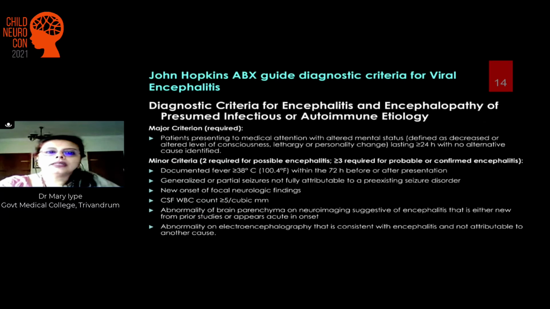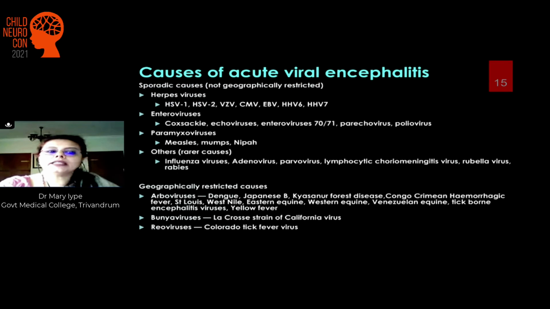Now, the causes of acute viral encephalitis can be either sporadic or geographically restricted. The sporadic causes include herpes, enterovirus, paramyxovirus, and others. Among the paramyxoviruses, one that is very famous today is Nipah virus. The herpes viruses include herpes simplex 1, 2, varicella zoster virus, cytomegalovirus, Epstein-Barr virus, and HHV6 and 7.